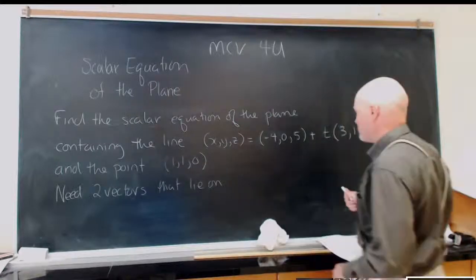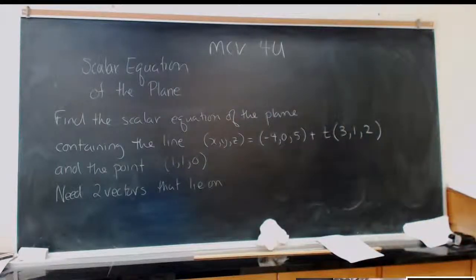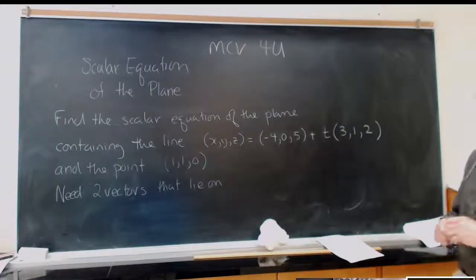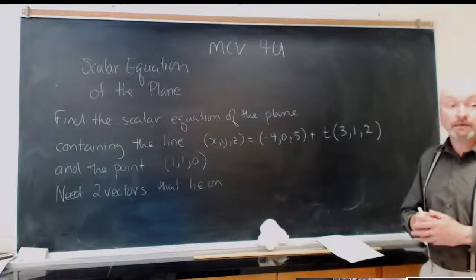So 6, 2, 4. How did you get that? I just substituted 2 and 15. Okay. 6, 2, 4 would be a point that lies on the line, and so it would lie on the plane.